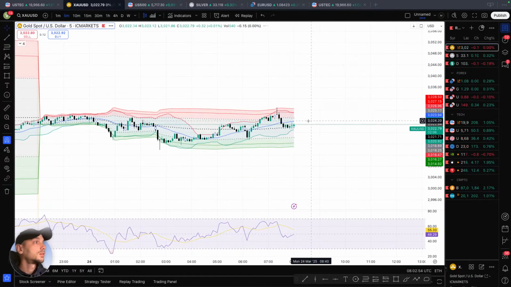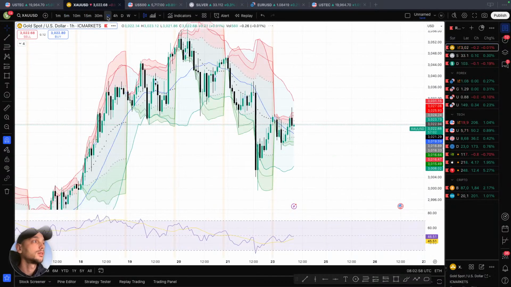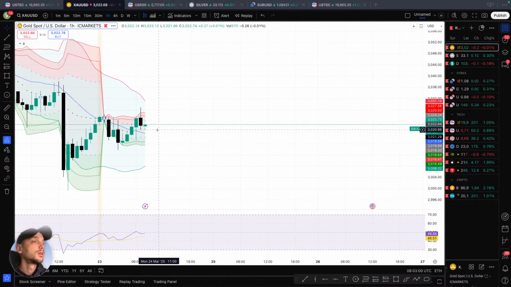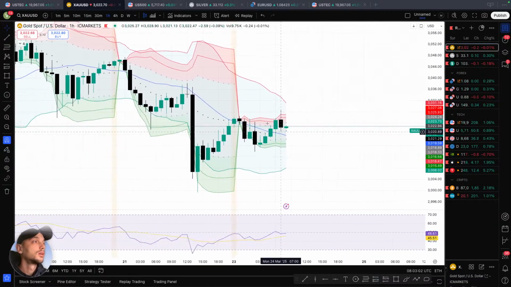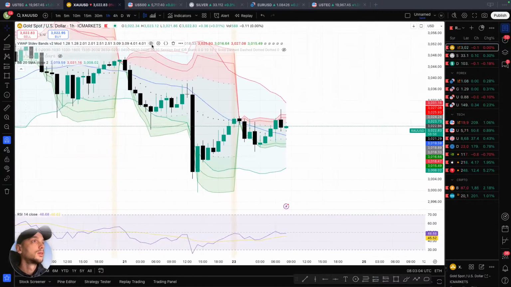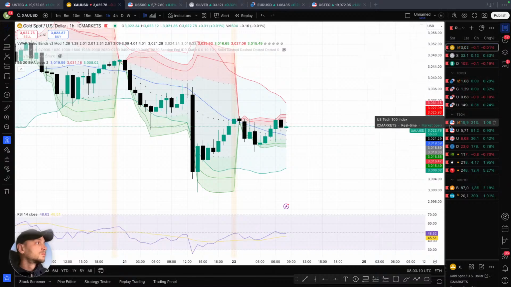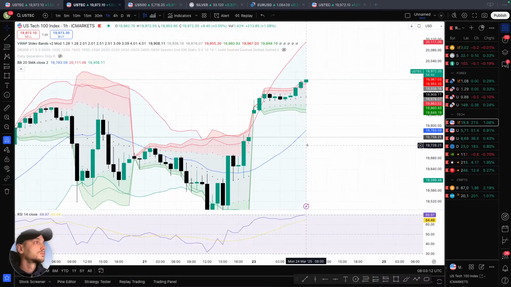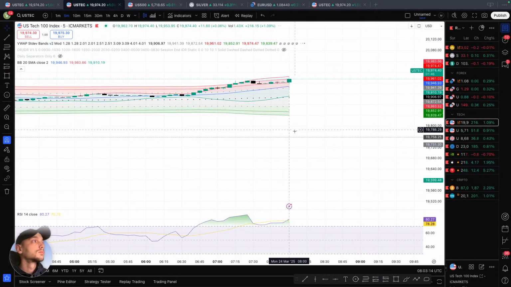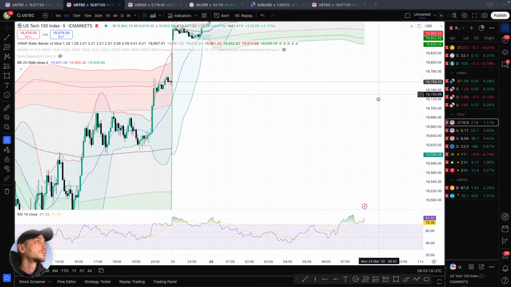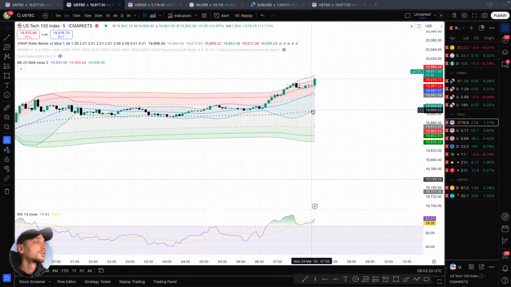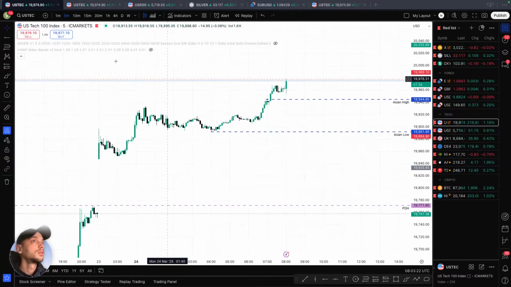Where is gold sitting? Now it's on the bottom on the 15 hour. Strong push with Nasdaq.